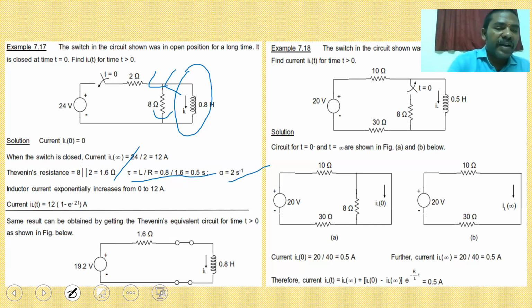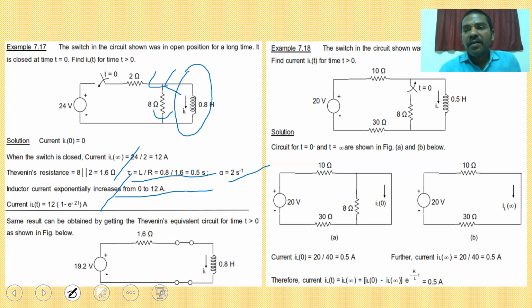Okay. So the inductor current exponentially increases from 0 to 12 amperes, because you already know that the inductor current is equal to 12 into 1 minus e power minus t by tau. That is 12 into 1 minus e power minus 2t amperes. This is the value we are getting for the current.